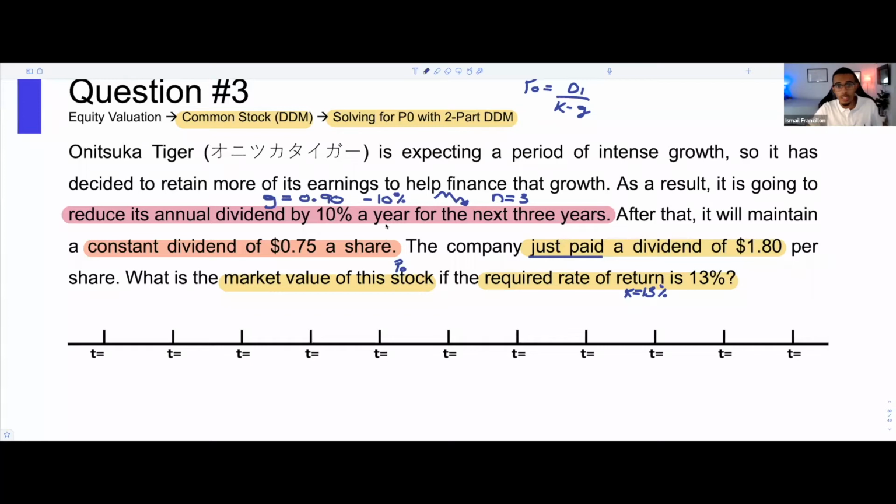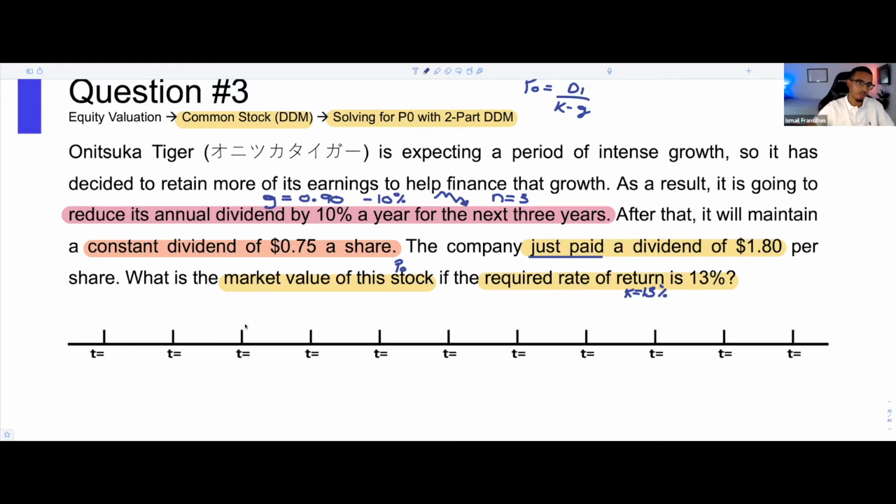We know that the dividend we just paid is going to decrease for 3 years, and then it's going to become another dividend. The loss of 10% per year is not sticking for more than 3 years. After that, we're dealing with a different type of dividend, a constant one. So having that in mind is important.